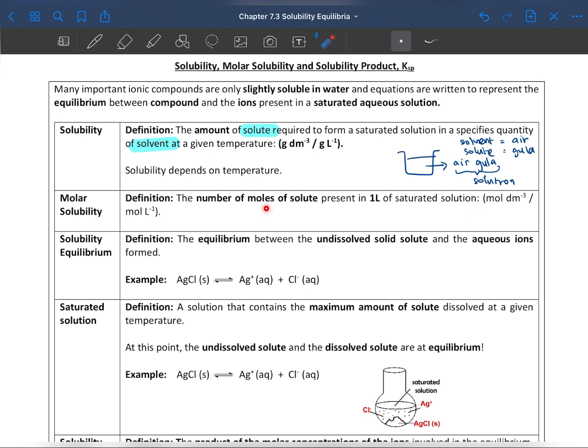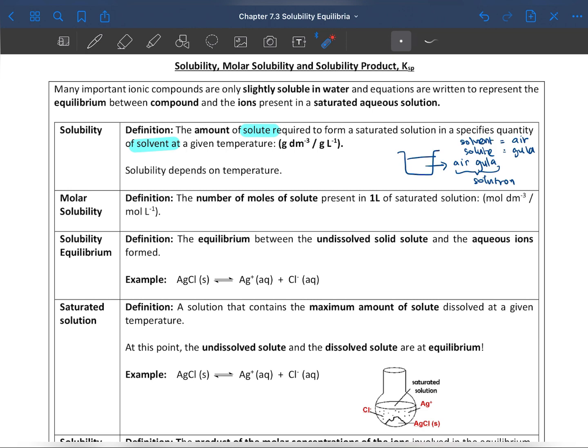So berapa banyak mole solute yang boleh soluble dalam 1 liter solution. Kalau tadi apa beza dia? Tadi dia dalam gram. Berapa banyak gram yang boleh dissolve dalam 1 liter. Ini berapa banyak mole yang boleh dissolve dalam 1 liter. That's why the unit is mole per liter. So, if the question asks you to determine molar solubility, you have to give answer dalam mole per liter ataupun mole per dm3. Jangan bagi dalam gram.